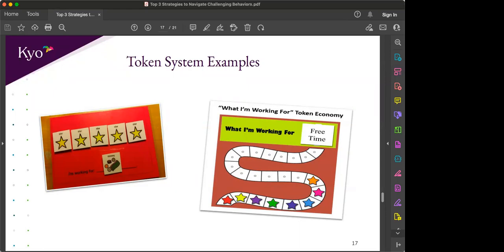Yes, sorry, but I missed some words. So my question is for the token system example. In case the children have a behavior problem, what is the difference between having a behavior problem or stress, and what is the next step to identify if it is behavior or mental health support?